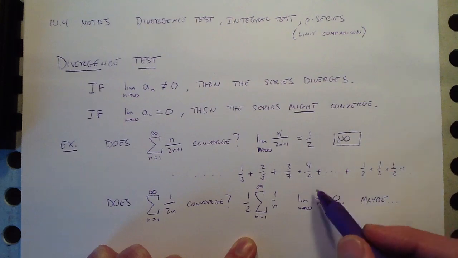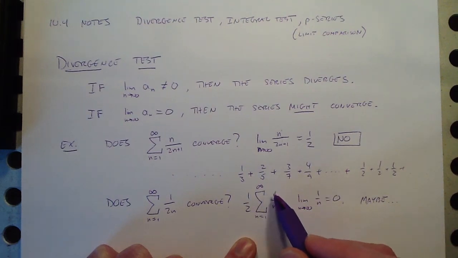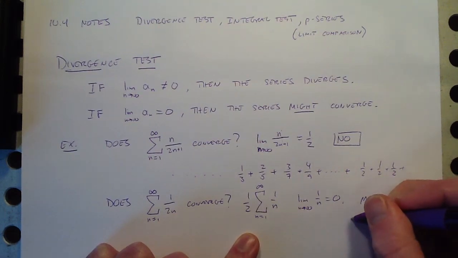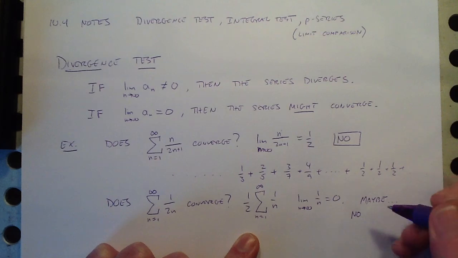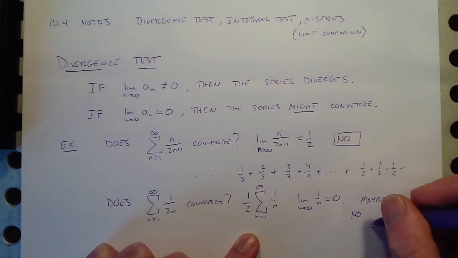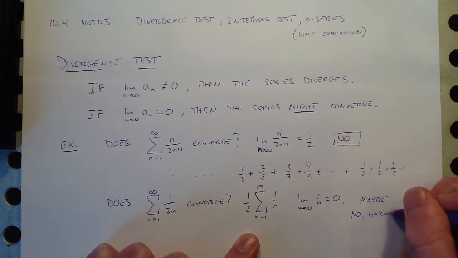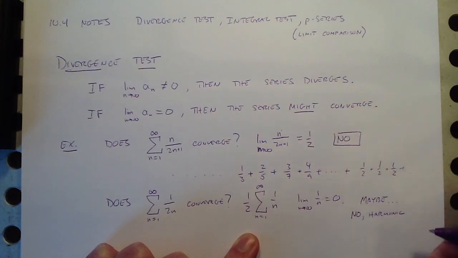But in fact, does this converge? In section 10.3, we talked about this being the harmonic series, a super important series. So we would say no, but it's not because of this test. It's because it's the harmonic series, or 1/2 times the harmonic series.